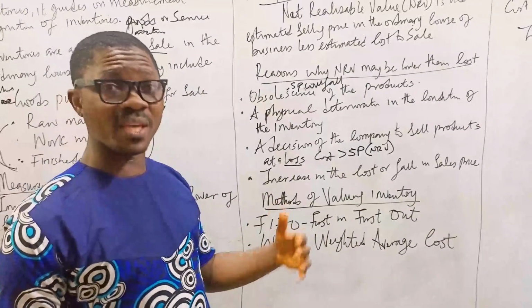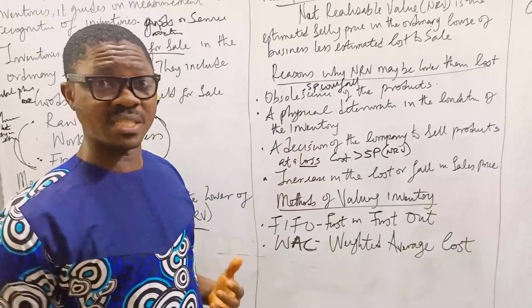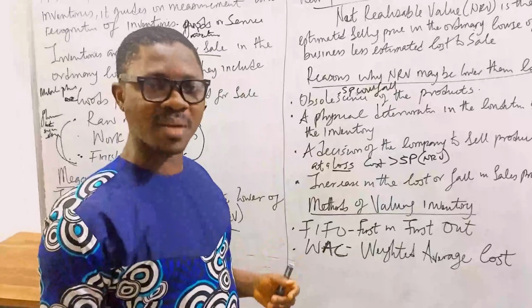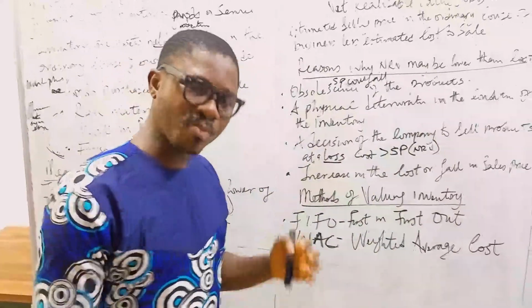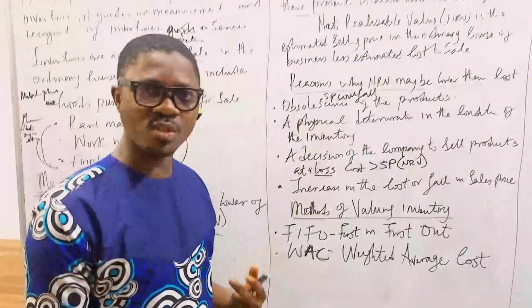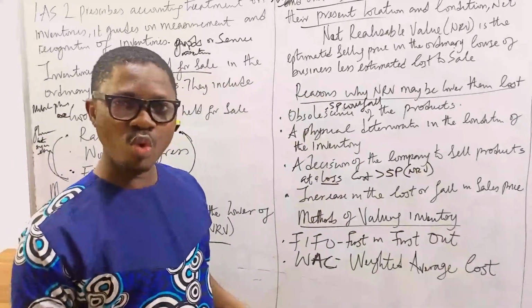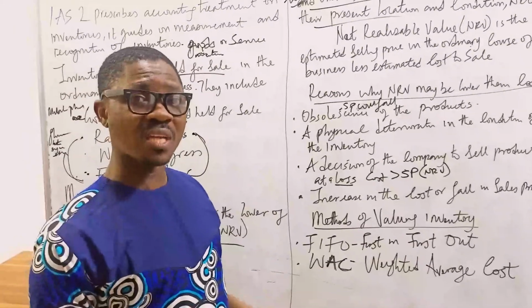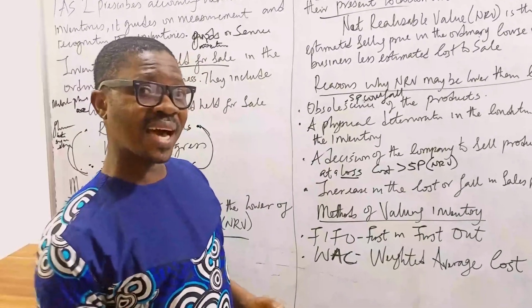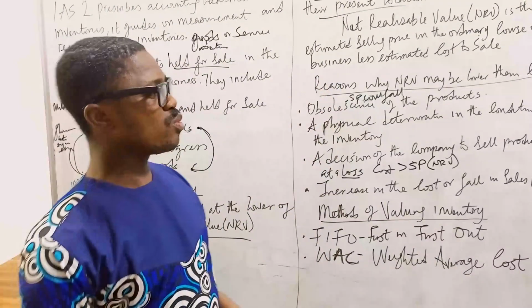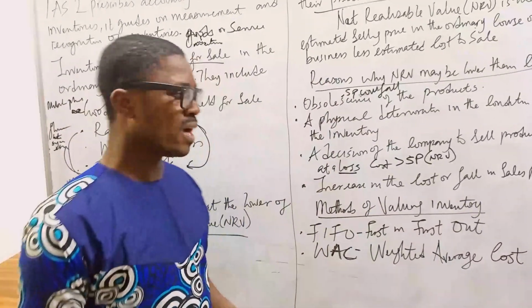They are also trying to play with the competitors in the industry they are operating in. If the other competitors reduce their price, they also want to reduce their own price so as to be able to compete in the same industry. When the reduction keeps the price lower than the cost, it simply means that the net realizable value will definitely be lower than the cost.